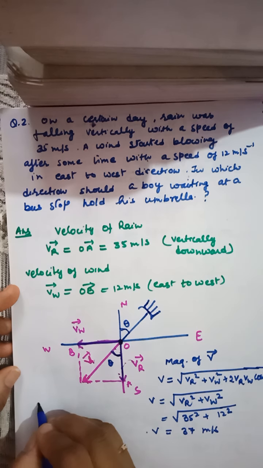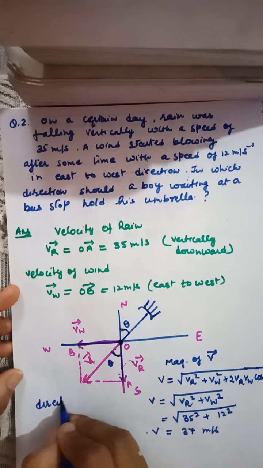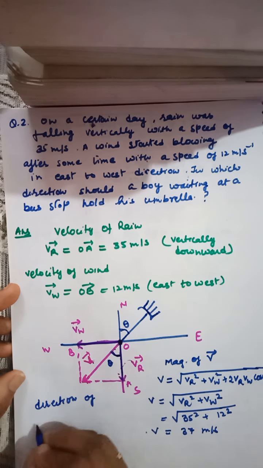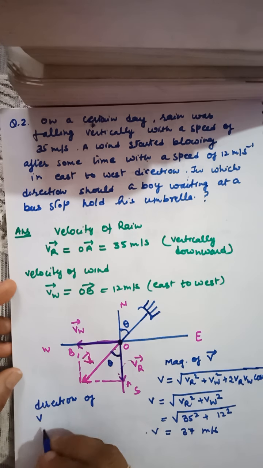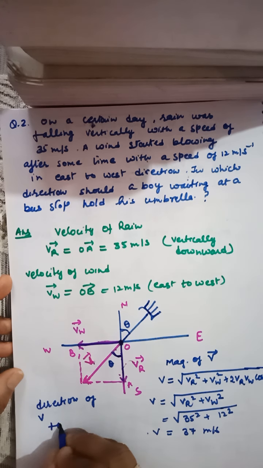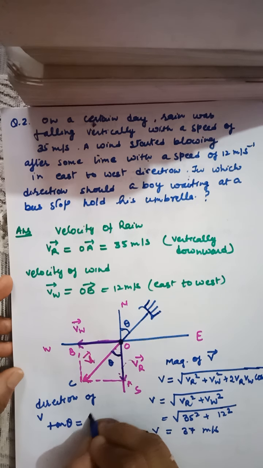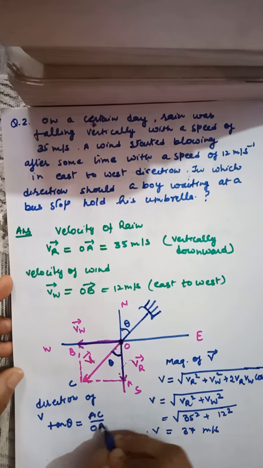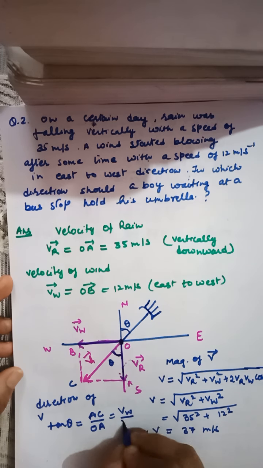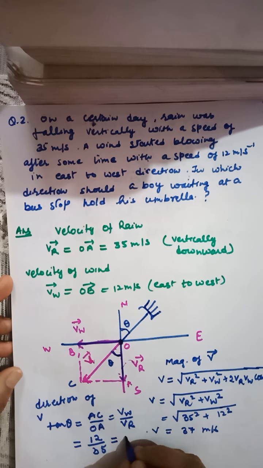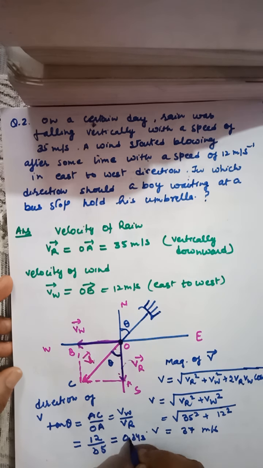So find out the direction, that is tan theta, that will be equal to, suppose this is AC, so this is AC upon OA, and this comes out to be VW upon VR, and this will be equal to 12 upon 35 because VW is 12 and VR is 35, and you have got 0.343 value.